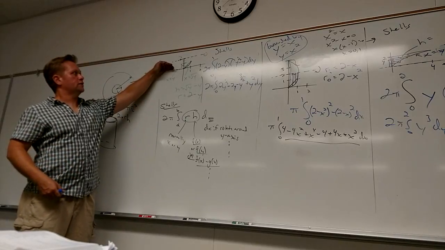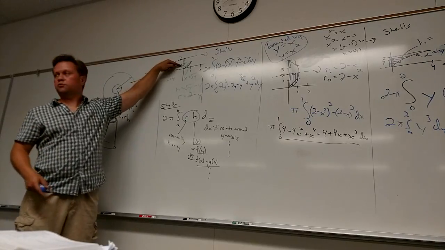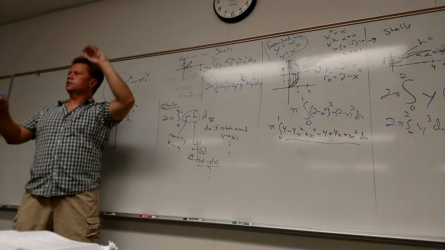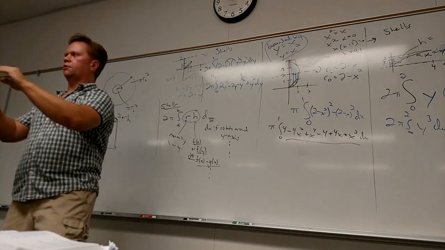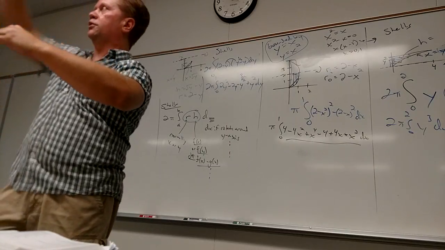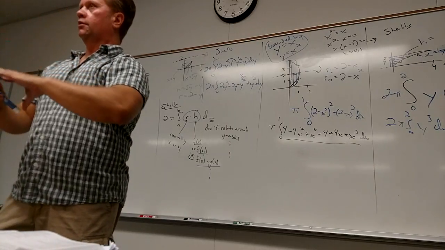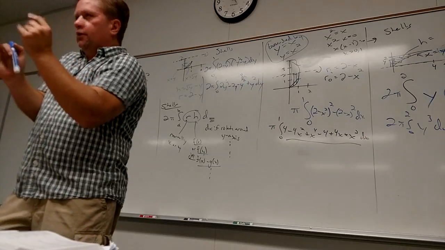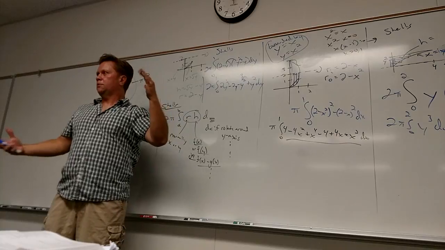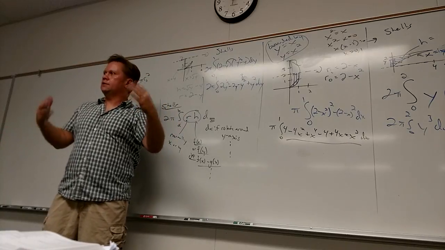So the radius is always just x or y, or you might have to adjust it depending on where you put the axis. But it's always going to be something related to y or x, depending on if it's dx or dy.